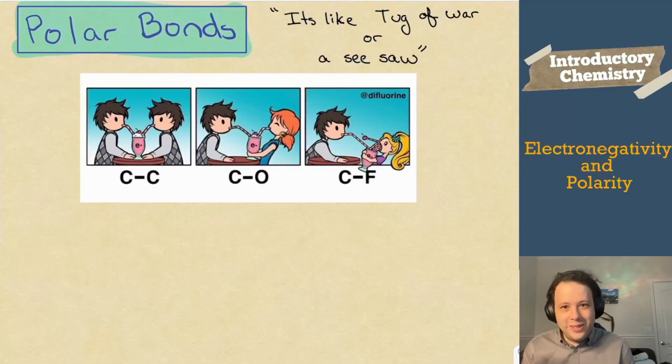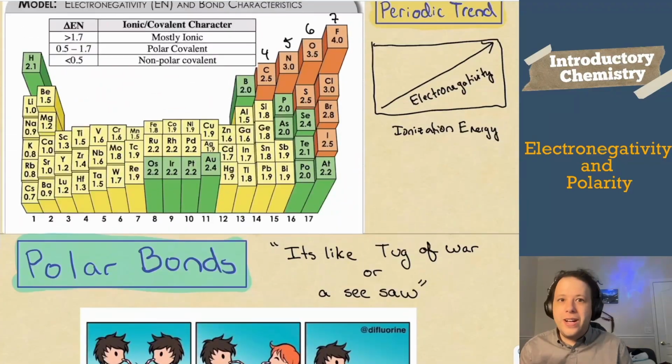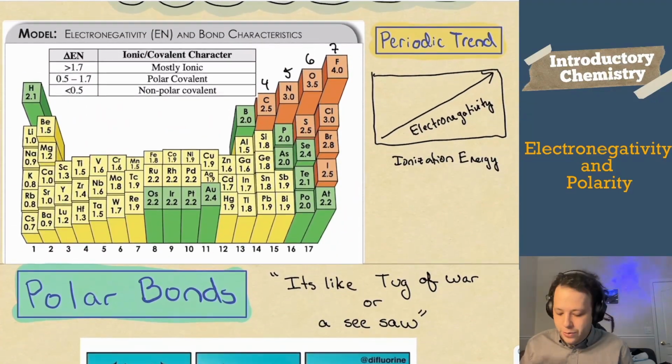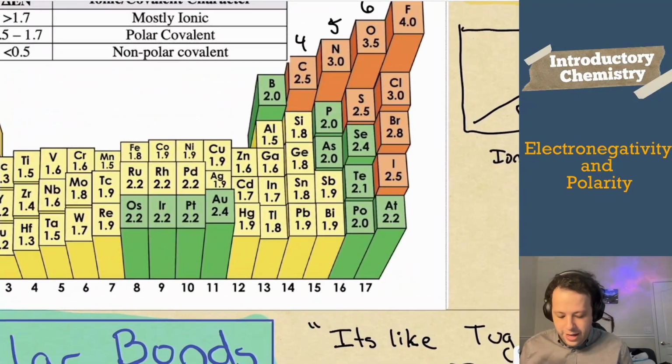I have a few little images here just to illustrate what this looks like. The first one is between carbon and carbon, the same atoms. So what would that look like? Well, being that they are the same atom, they're going to have the same amount of pull on each other across the covalent bond. And we can prove this with electronegativity values. If I look at this chart, we can see that we have for carbon a value of 2.5.